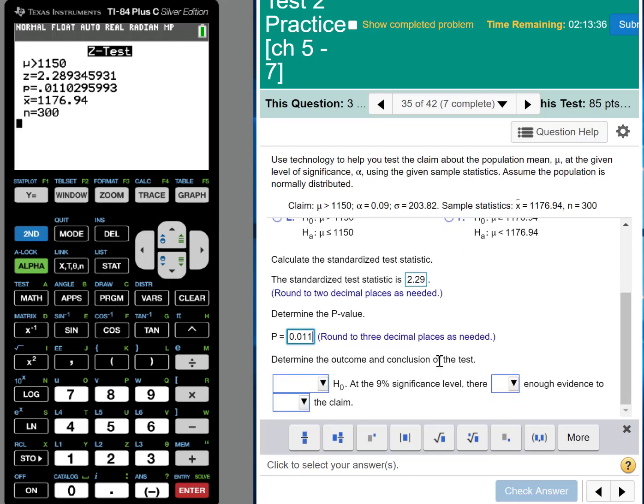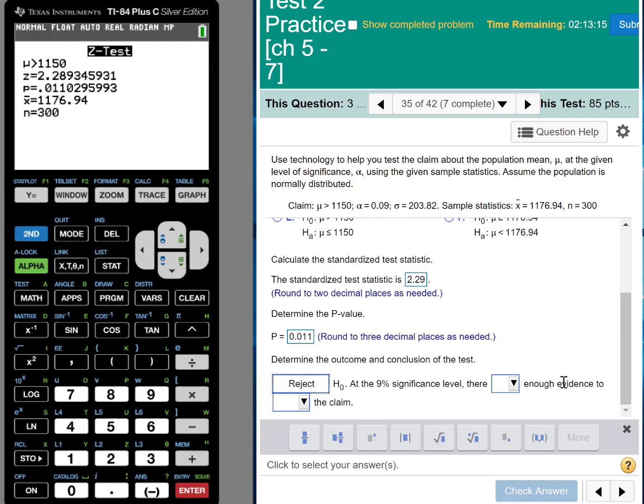Determine the outcome and conclusion of the test. 0.011 and alpha 0.09, which is less than alpha, so you reject H0. Okay, the conclusion. If you reject H0 and the claim is in HA, you support the claim. So just look for the language that supports the claim.